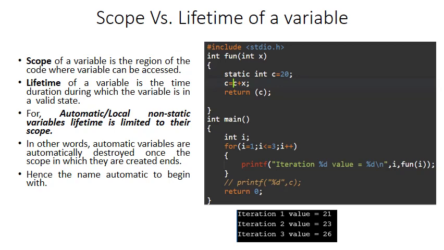So the scope of a static variable, as that of a local variable, is limited within the subroutine or block where it is created. However, its lifetime and its value is retained throughout the program lifetime. I hope you have understood the difference between scope and lifetime of a variable.